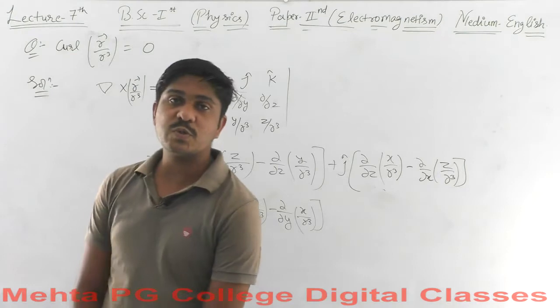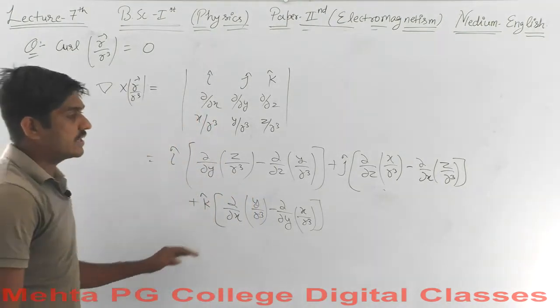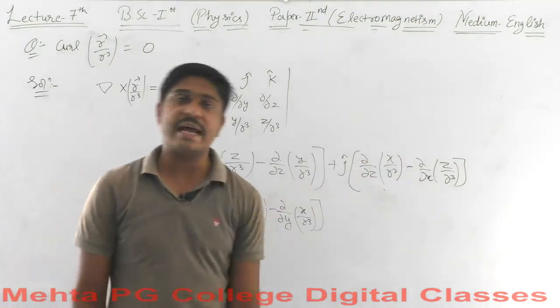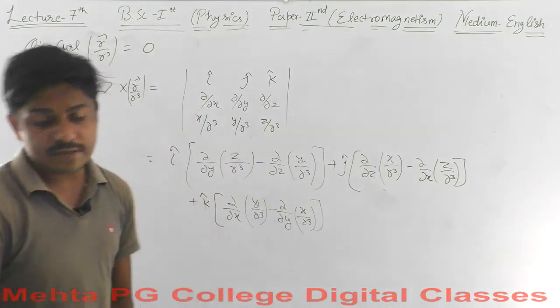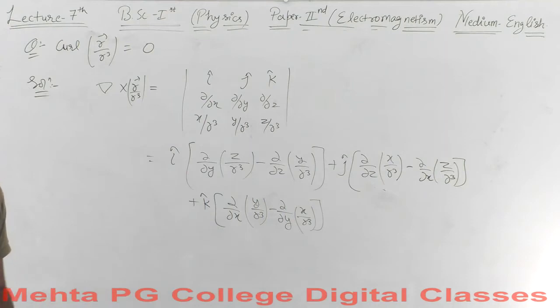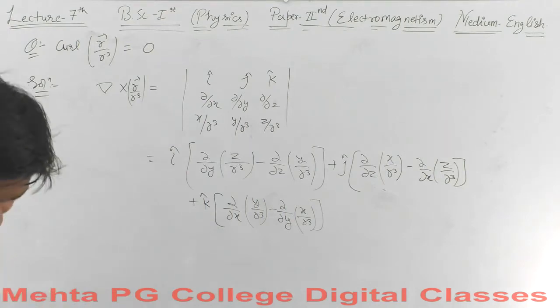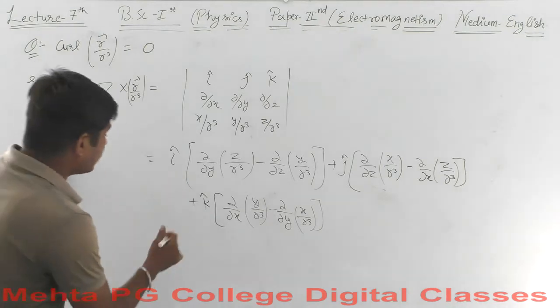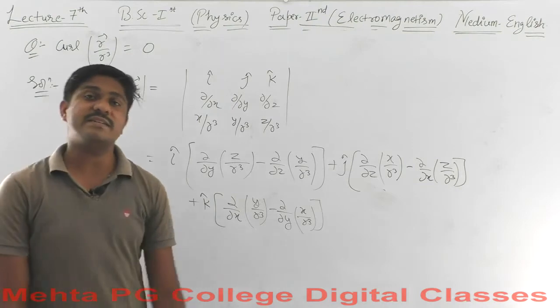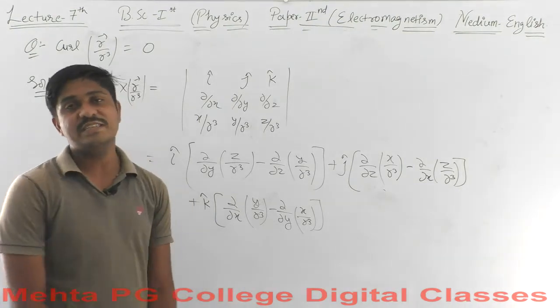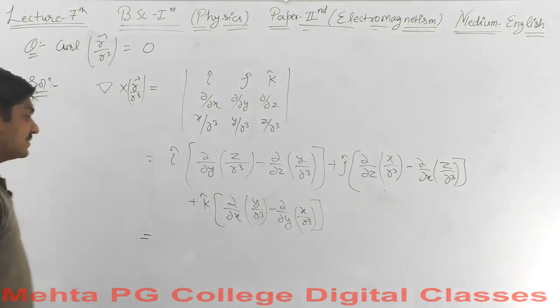Now we are supposed to go through the derivatives of x upon r cube, for the x axis, for the y axis, and for the z axis components. So the values of the partial derivatives, after solving this and taking a few things common, you can consider as your homework. You are supposed to do it yourself.